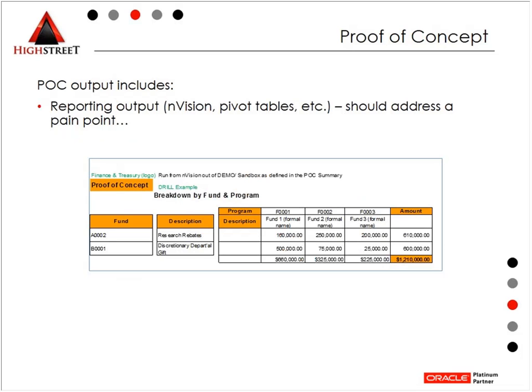And so we had actually produced this out of a demo copy after we loaded our chart field values. And instead of Fund 1, Fund 2, Fund 3, it did have a real name that they could see in the system, and it appeared on the report. I just took it out here because it was confidential information. But it gives you a feel for the type of visual.